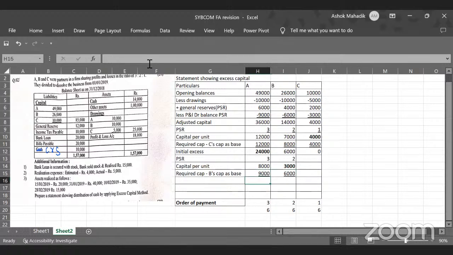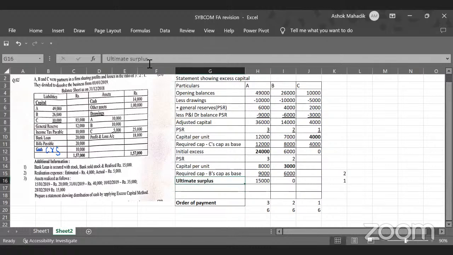So initial excess was for A 24 minus 9, we get 15,000 as excess capital. For B 6,000 minus 6,000, 0. Now which two lines are important for us? Last two lines. Okay, so I'll just write number 1 and 2 there. These two lines are important for us for writing order of payment. This is what is ultimate surplus.